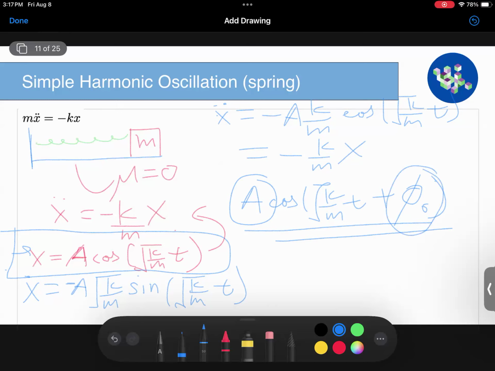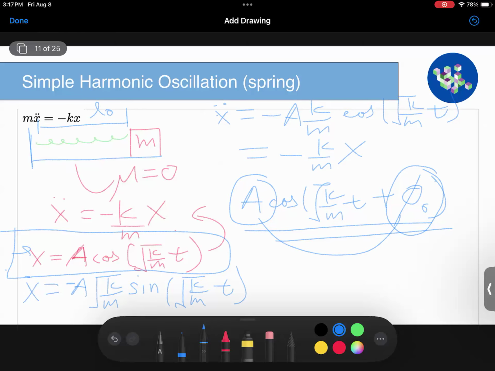And how do we determine these two numbers? Well, we determine them using the initial conditions. For example, if I give you that at time equals 0, this length is equal to L0, and my velocity is equal to 0.